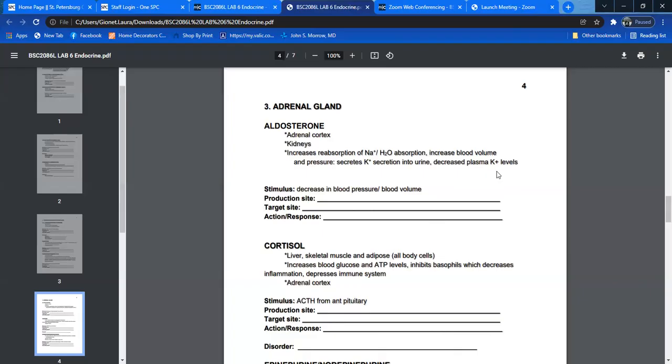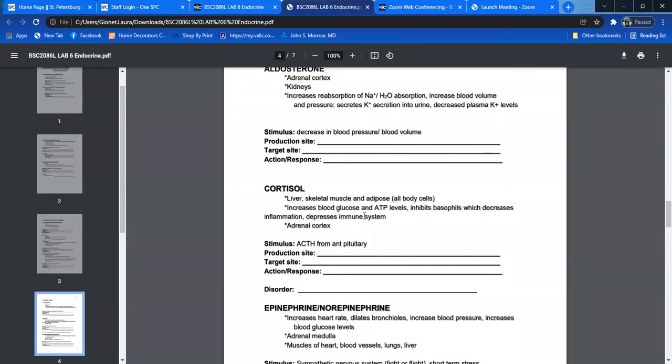It's very important to watch those components of IV solutions and the use of different diuretics with patients, and to monitor plasma levels fairly closely. Okay, so that's aldosterone.